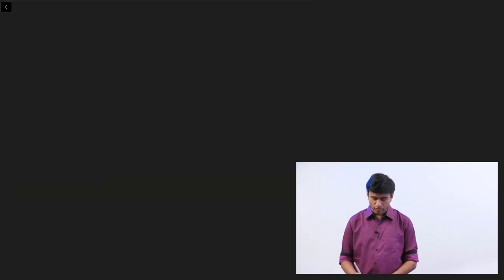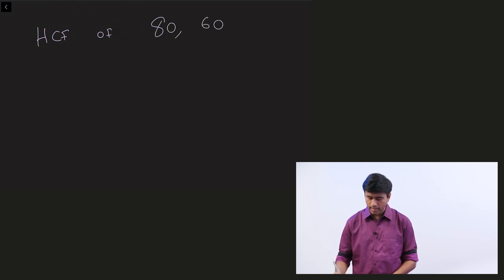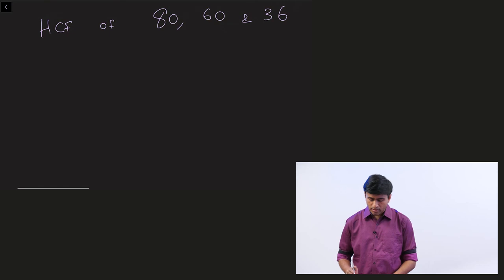Find the HCF of 80, 60 and 36. Remember, we are trying to solve this problem using the prime factorization method. So in this method, we have to find the prime factors of all the 3 numbers.